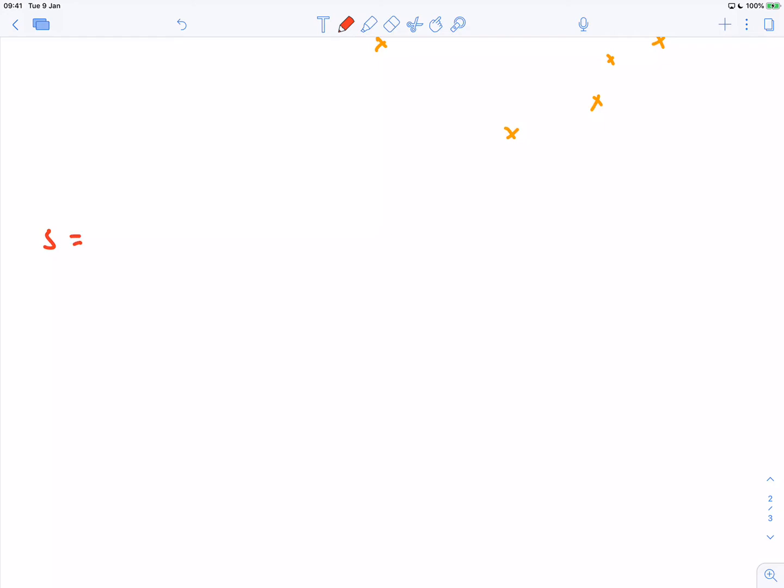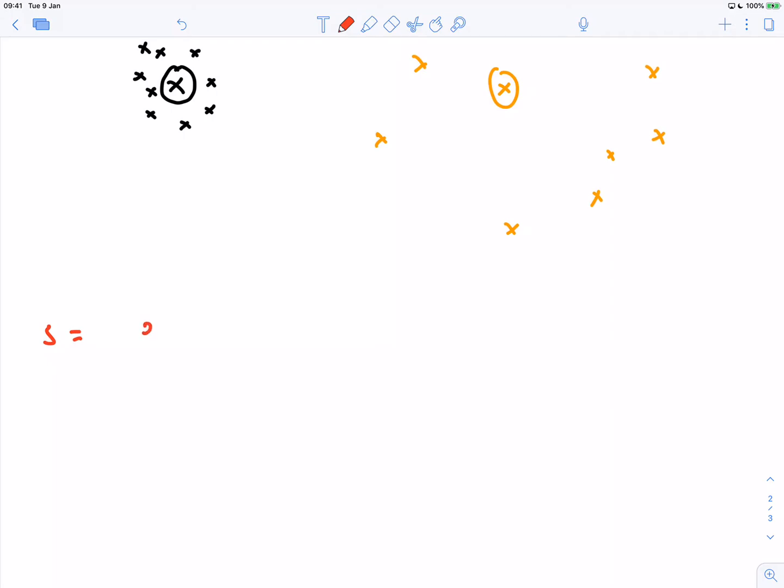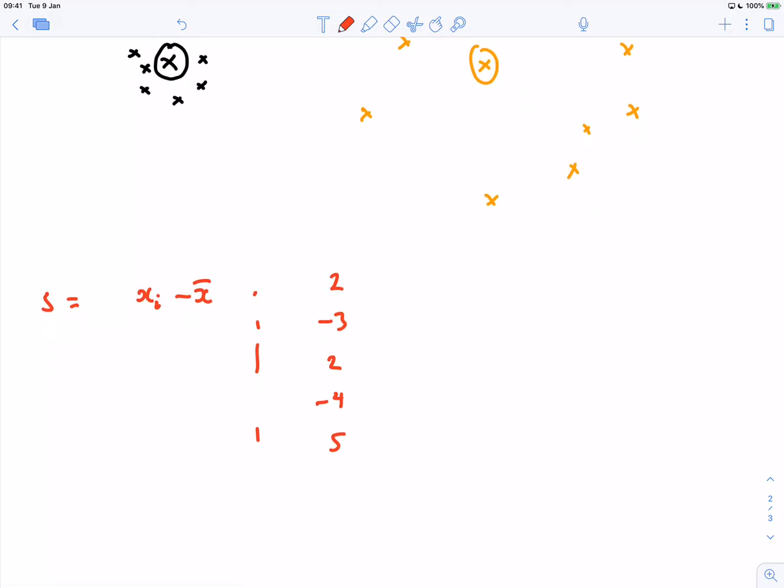Okay, so here's the deal. What would be the difference between a general point x and the mean? Well, we just subtract one from the other. The problem with this though is if we were to do this for every point on the data set, some differences would be positive, like 2, some would be -3, some would be 2 again, one might be -4, one might be 5, and another one -2.